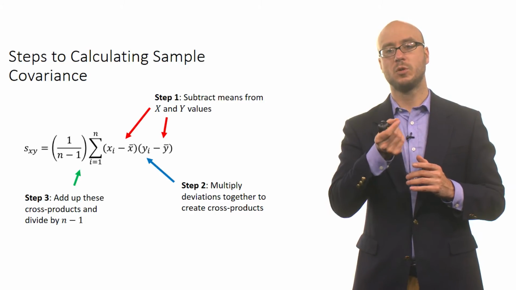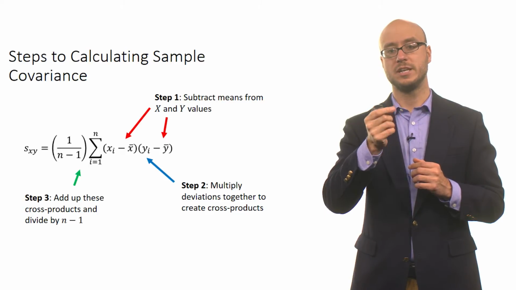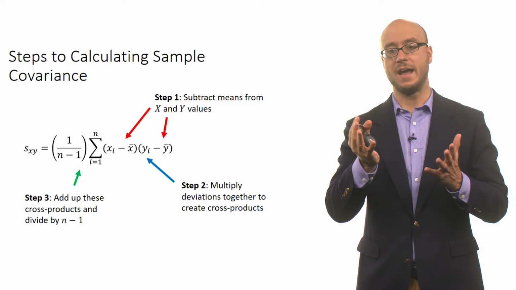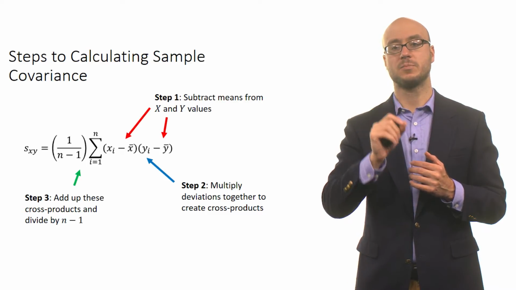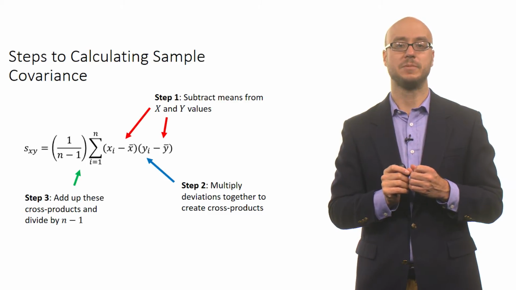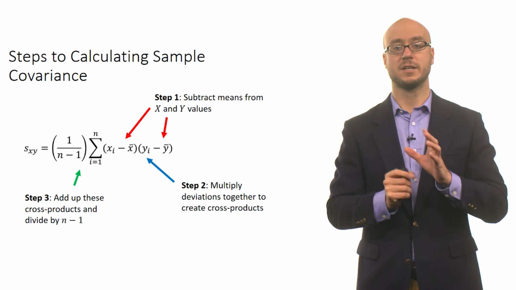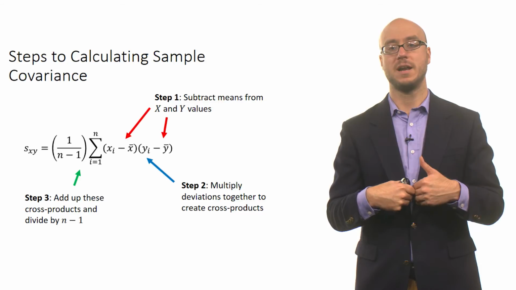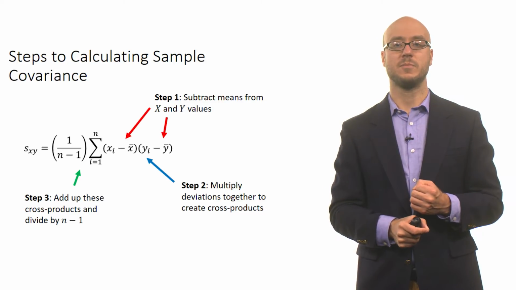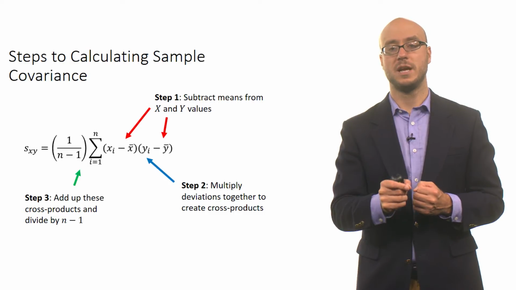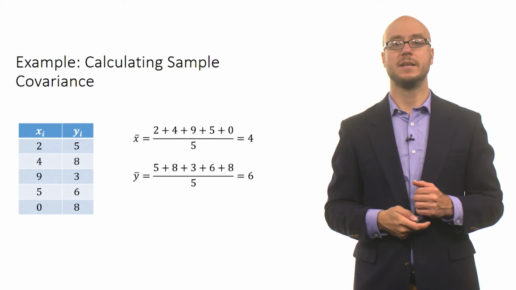Then you multiply these deviations for each row or each individual in your data set. So if you have 5 people, you're going to have 5 different cross products that you add up together. Then you take these cross products, add them up, and divide by n minus 1. In essence, you subtract the means from your x and y values, multiply these deviations together, add them up and divide by n minus 1.